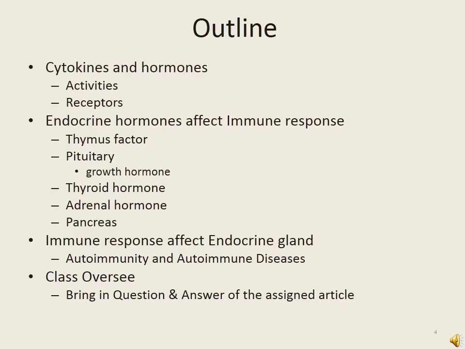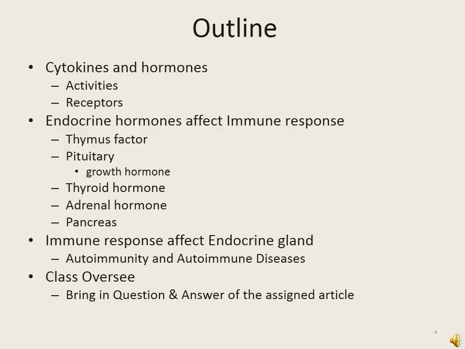And this slide shows the outline of my lecture. First, I'm going to review the cytokines, their activity and their receptors, as well as how they are related to hormones.